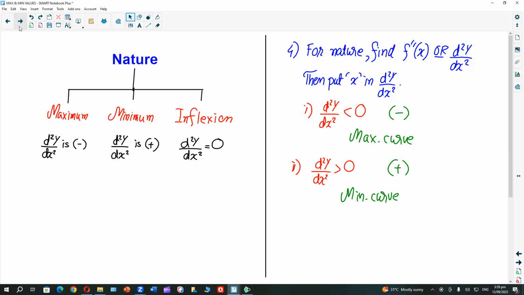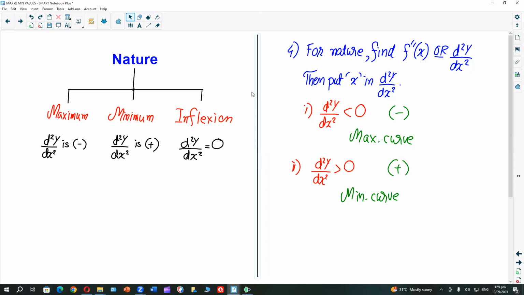There are three types of functions. One is called maximum, second is called minimum, and the third is called inflection, which is not required in any detail. So you have to copy this distribution of types of functions also.